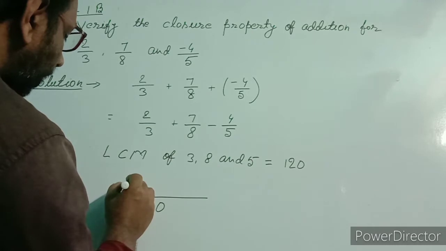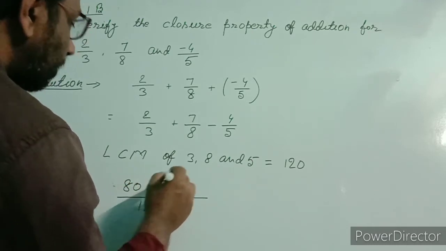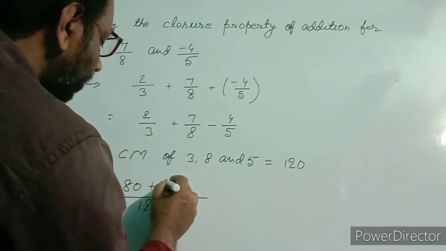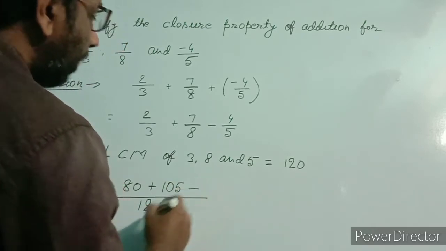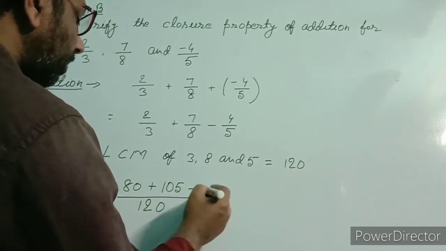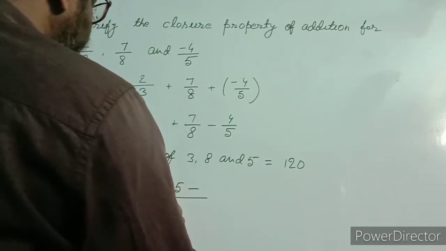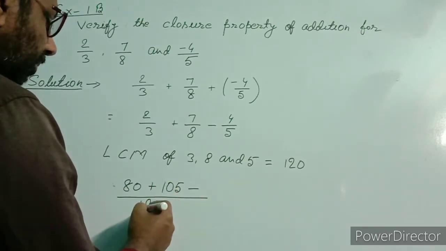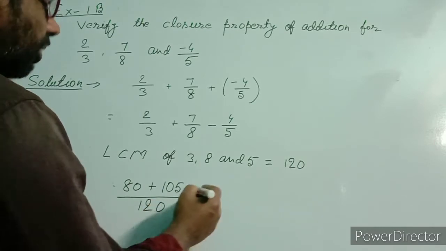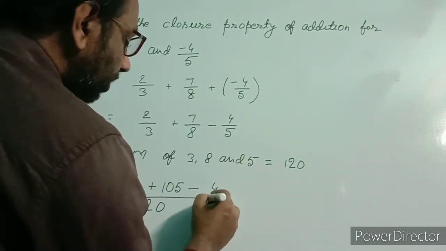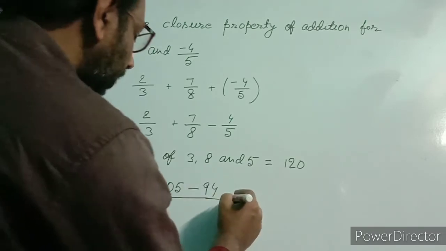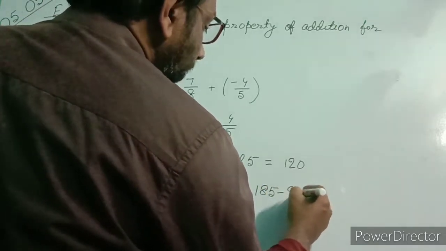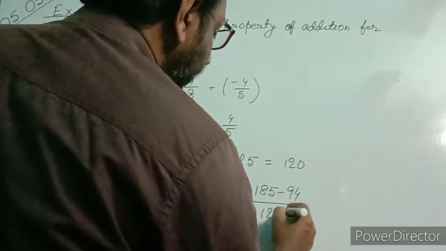2 into 40, 80, plus 8 1s are 8, 4 40s, 8 5s are 40, 15, 15 7s are 105, minus 5 2s are 10, 20, 5 4s are 20, 24. 24 into 4, 4 4s are 16, 4 2s are 8, and 1 9, equal to 185 minus 94 by 120.